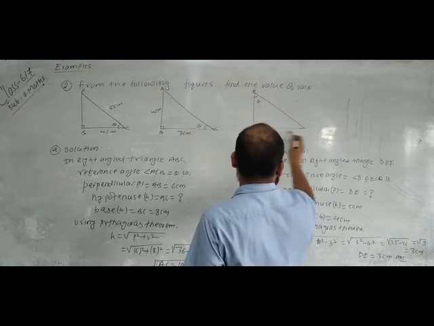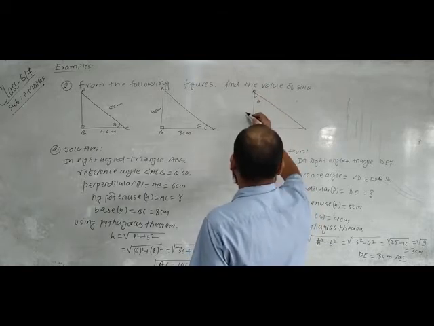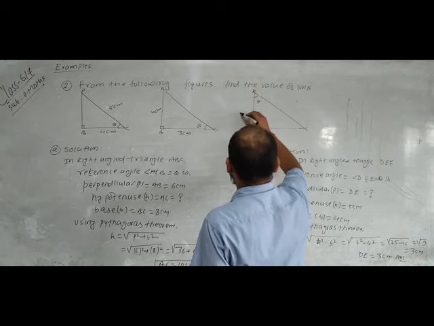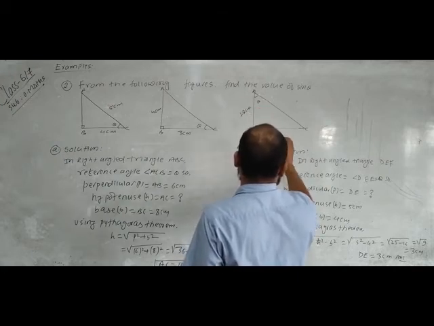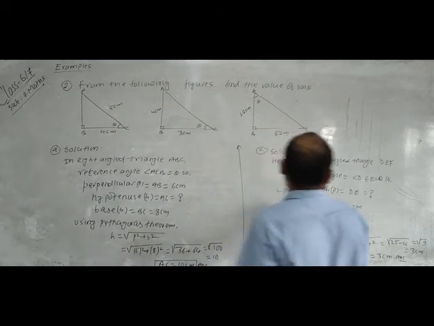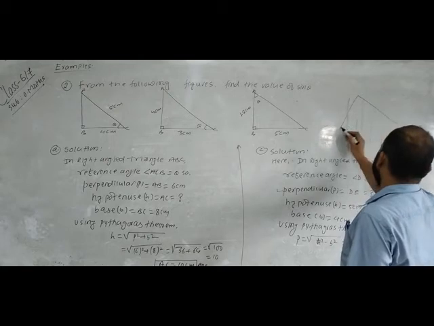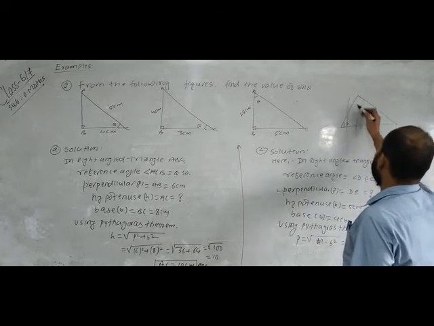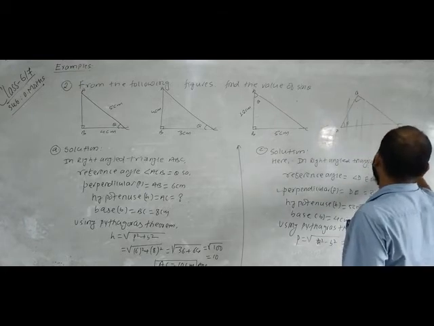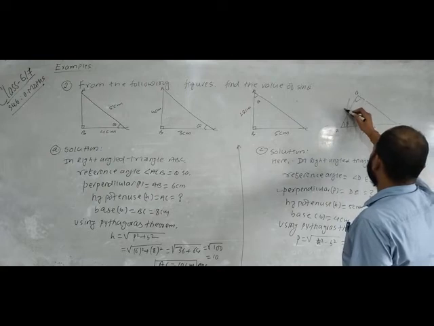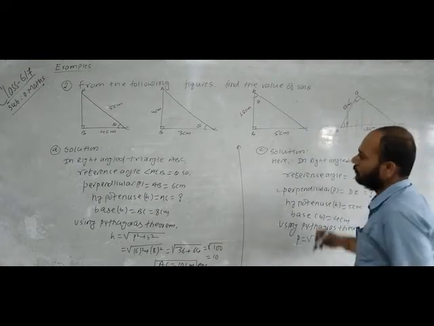A, B, C, and here this is 12 cm. This is 5 cm. This is theta. A, B, C. This is 14 cm. This is 5 cm.